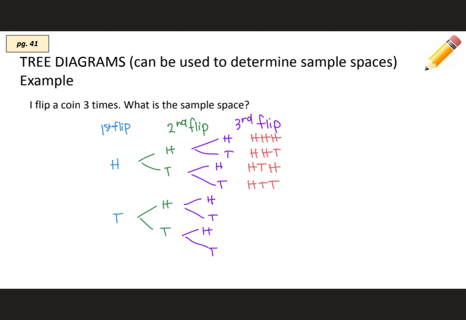Going down to the second branch, tails, heads, heads. Then we have tails, heads, tails. Then tails, tails, heads. And then lastly, the possible outcome would be all tails. So the sample space is what I wrote here in red.